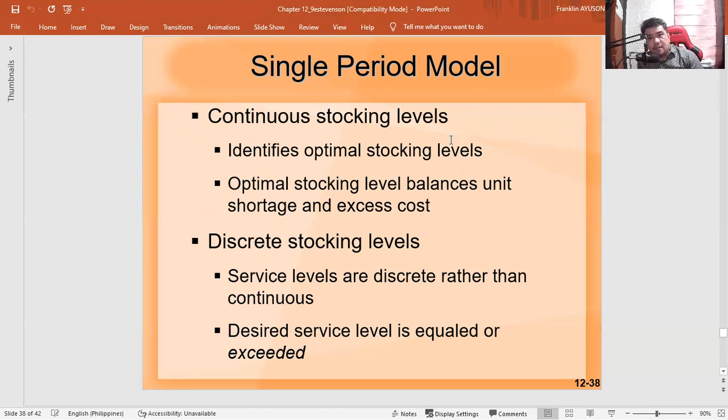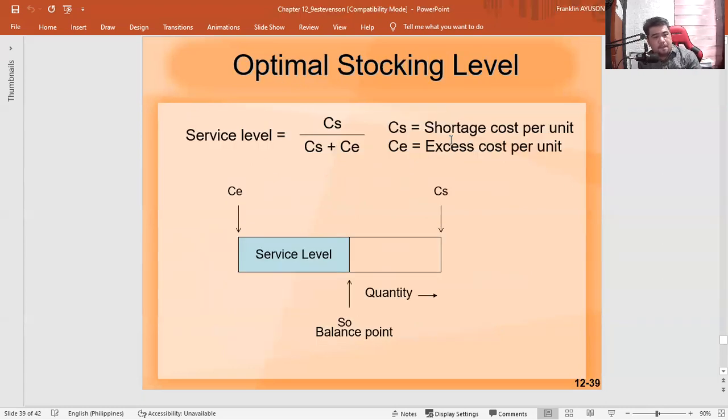Kailangan maraming service level dito para ma-push yung produkto na mapili, maubos, kasi nga, again, it can be prone to perishing. Mabubulok yung produkto. So therefore, in consideration, the optimal stocking level is considered the CS, or the shortage cost per unit, divided by the excess cost per unit. And so there must be a balancing point and the optimal quantity must be determined.